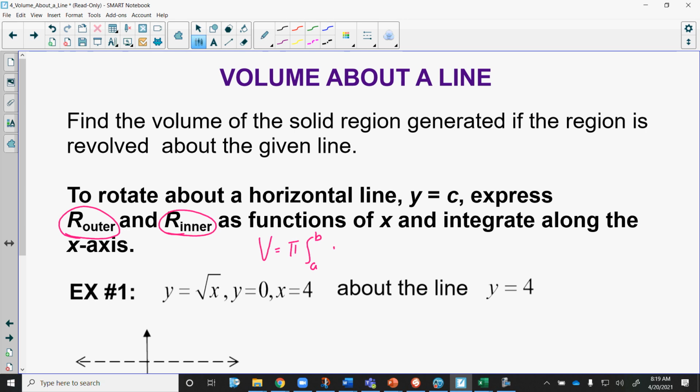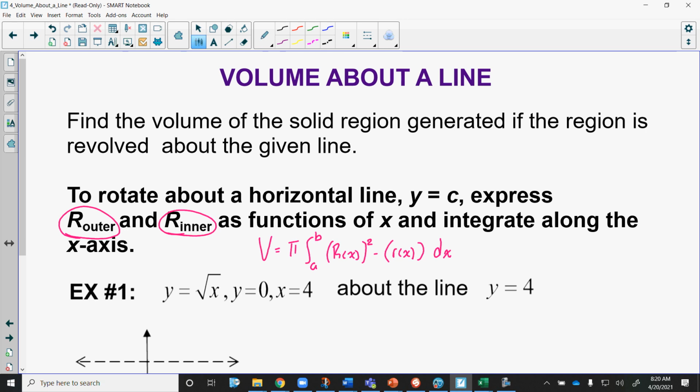And then we took the outer radius, squared it, minus the inner radius, squared it, and then we did our integration. In this case, because I wrote it in r of x, I would do my integration with respect to x here. So this is the same exact thing that we did with the washer method.